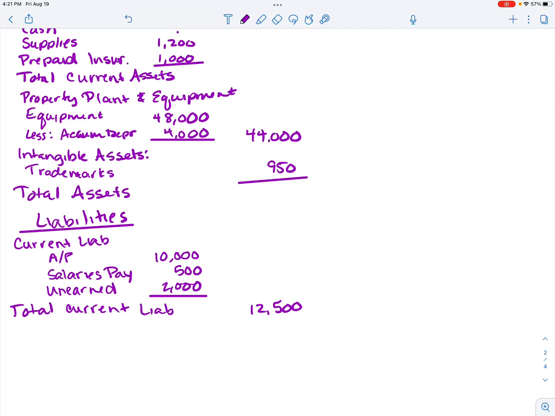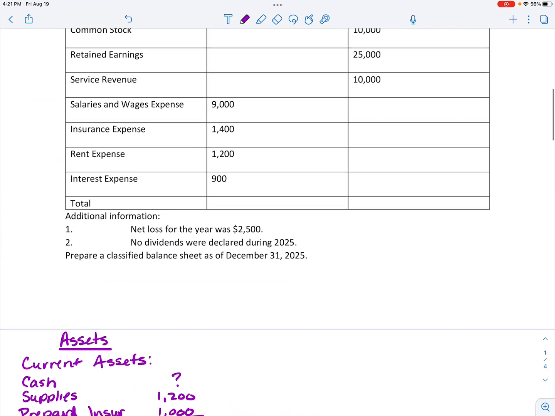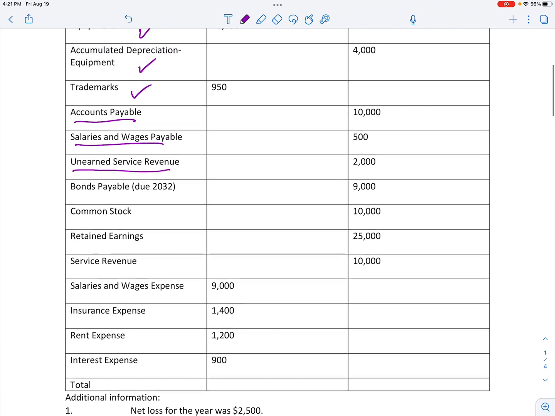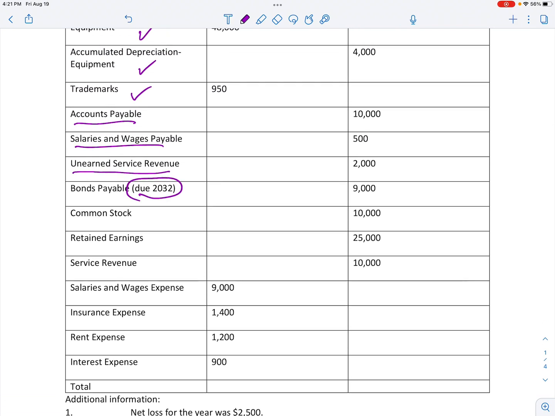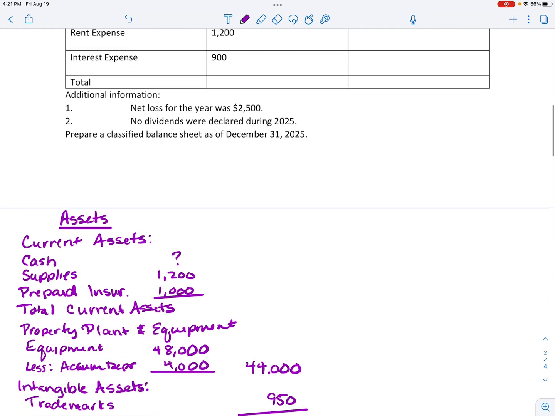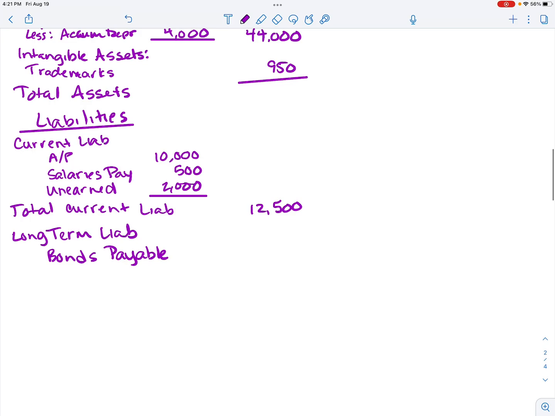Next, I'm going to list out my stockholders' equity or long-term. First, we've got to hit the long-term liabilities. Here we had listed out that bonds payable. Remember, it's important to note the due dates because this might fall under current, but since this due date is far in the future, we're going to list that out as a long-term liability.